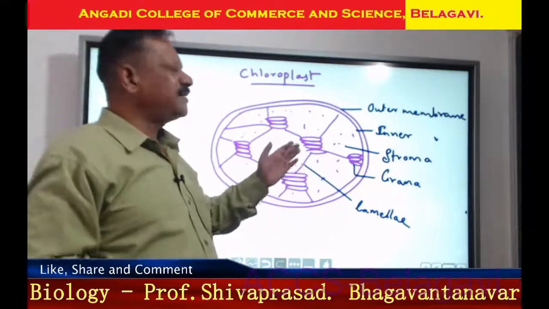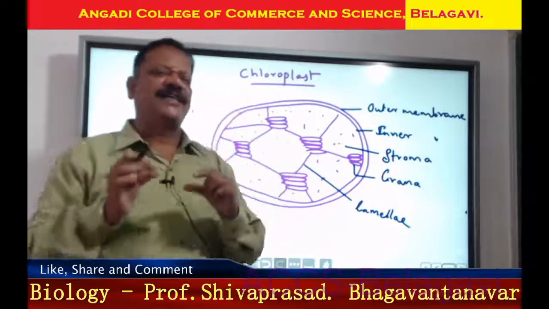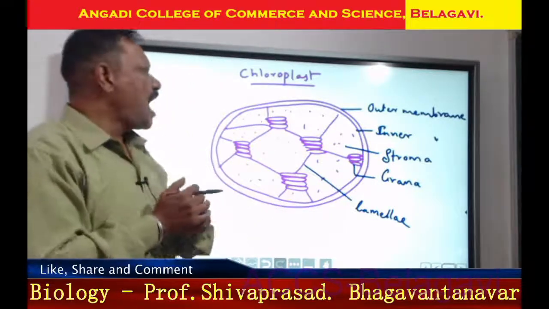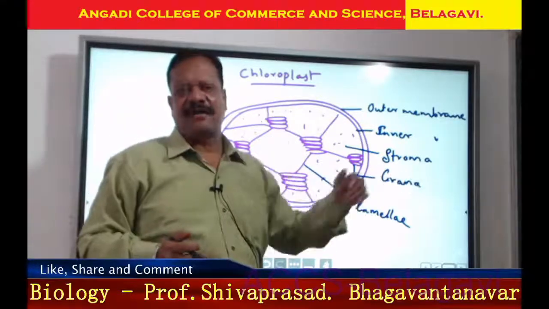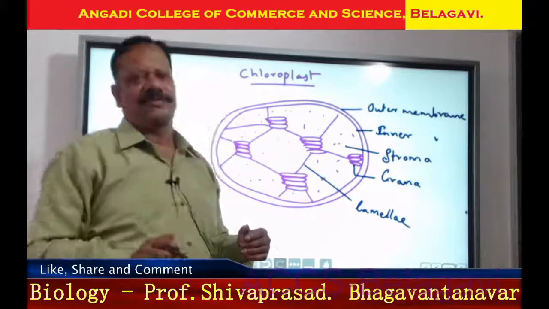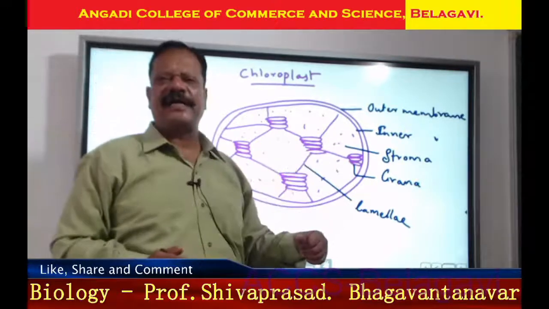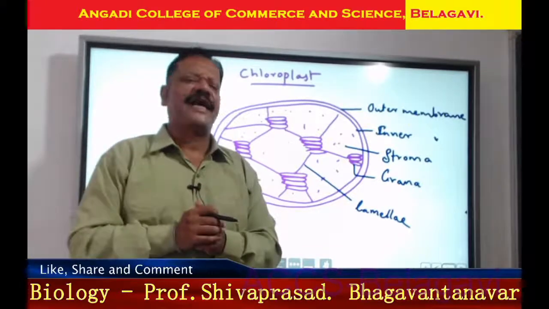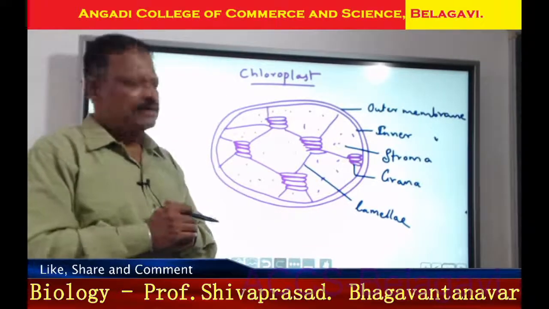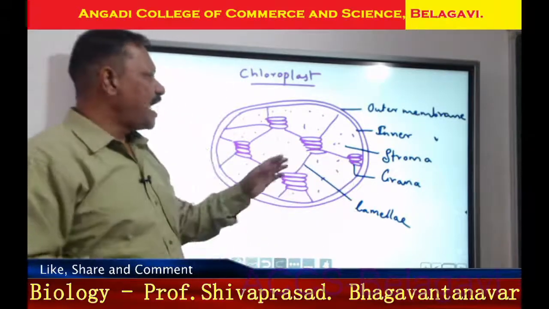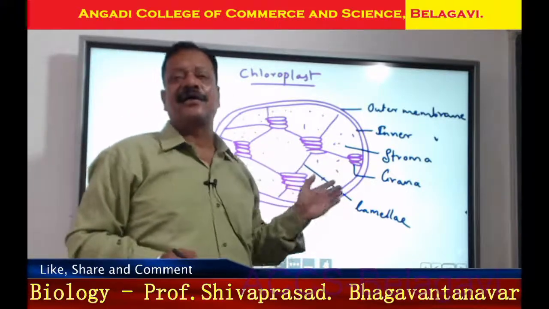And it contains many plate-like or disc-like structures placed one above another, and that is called grana. Grana is plural, granum is singular. So one plate is called a granum, or you may also call it a thylakoid. In this way you observe the grana bunches, and these grana are connected with the lamellae.